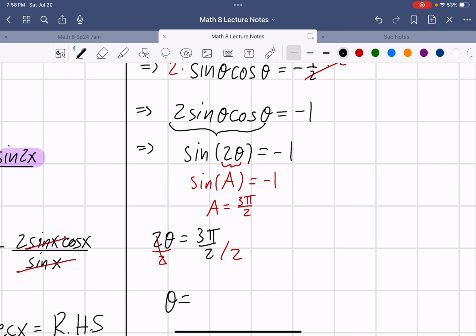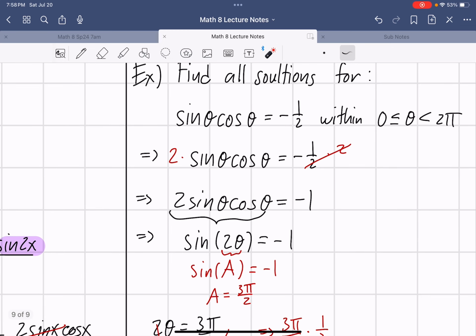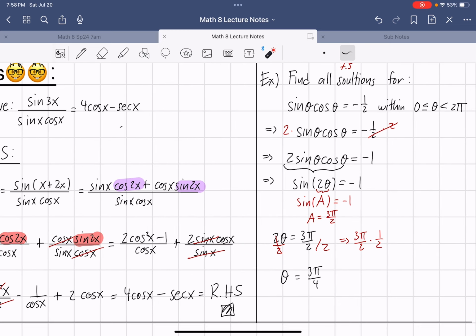For some side work, I would take 3 pi over 2 and multiply by the reciprocal of 2, which would be 1 over 2, giving me 3 pi over 4 as my answer to this original equation.